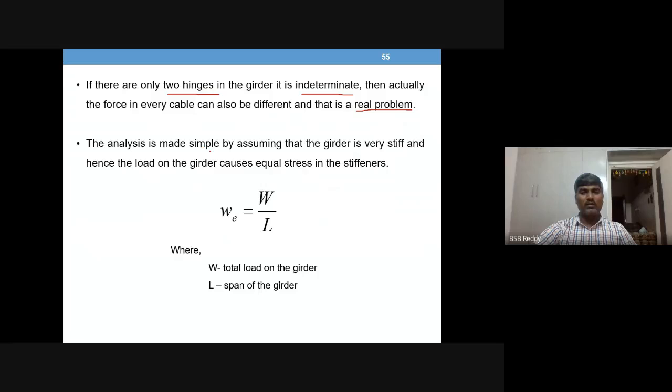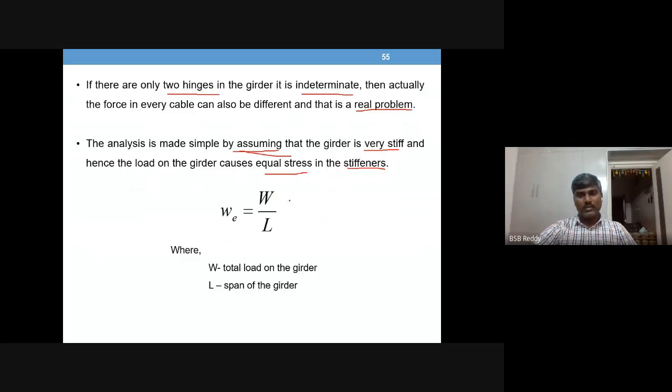So what is the way to solve this? By assuming that the girder is very stiff, the load on the girder causes equal stress in the stiffeners. In the sense, the assumption is the load on the girder is equally distributed to the suspenders.